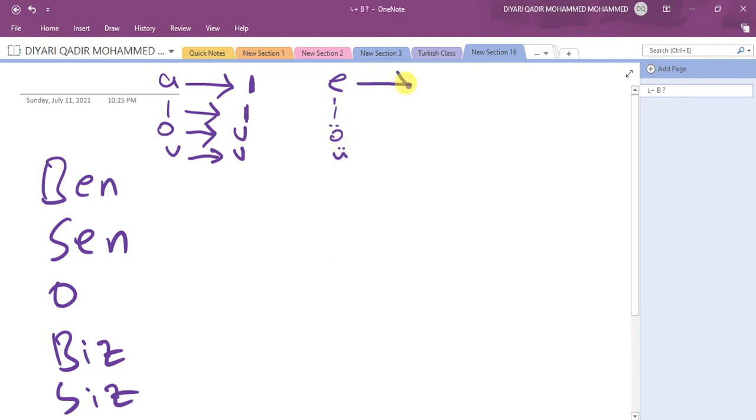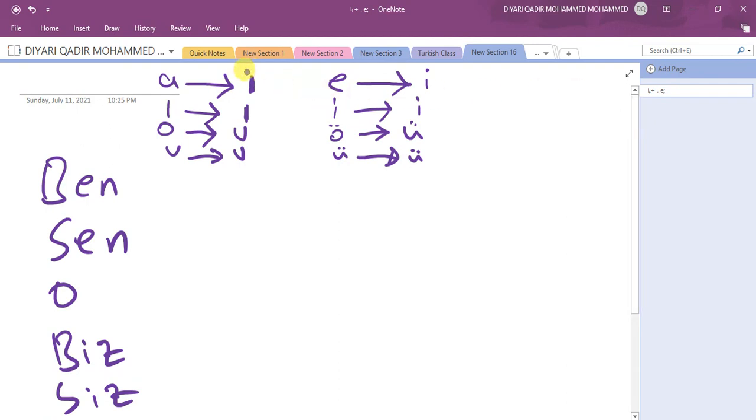Look, in women letters, a is converted to I, e is converted to e, ö is converted to ö. So that's the grammar. We use it for present continuous, past simple, all the other forms. If you just remember this, then everything is becoming easy for you.